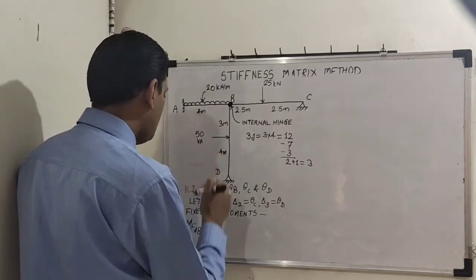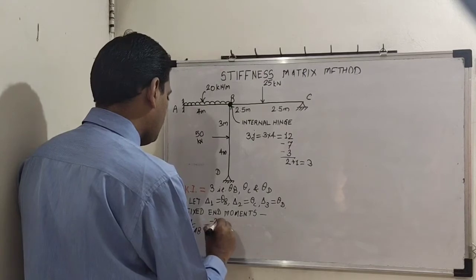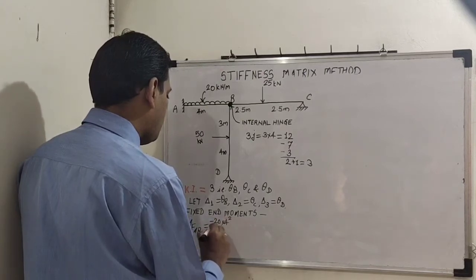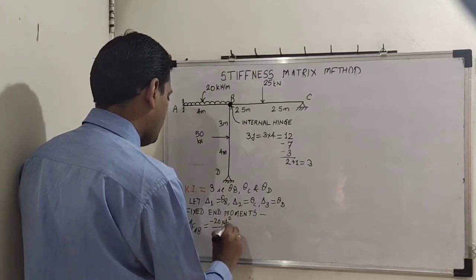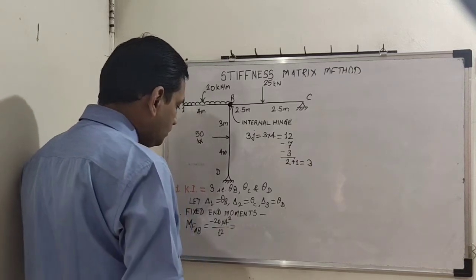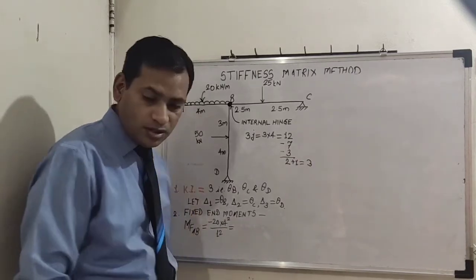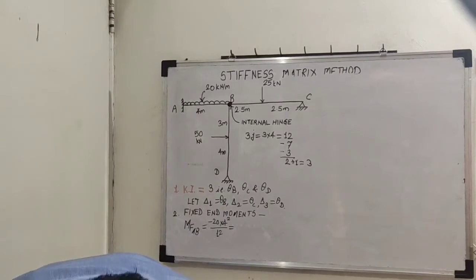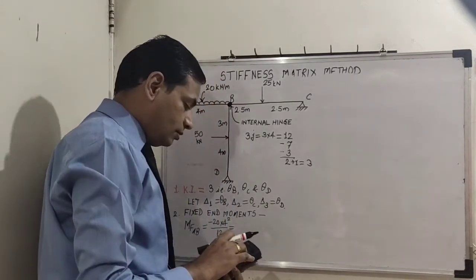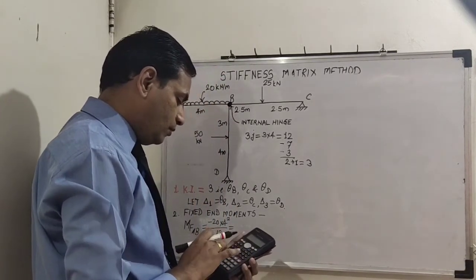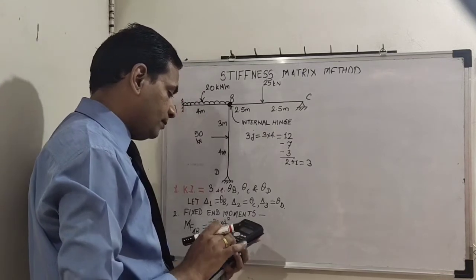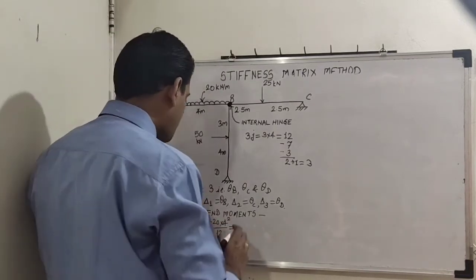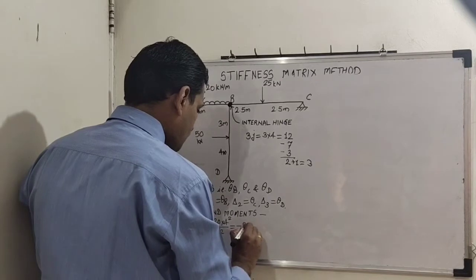So minus 20 into 4 square upon 12. So let us see how much this is. Minus 20 into 4 square by 12, so it is minus 26.67.